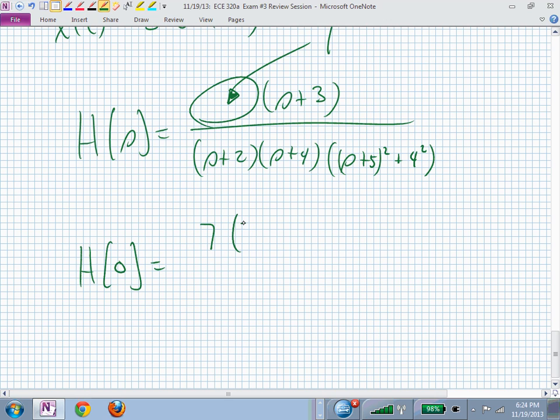So now you have 7, 3 over 2, 4, an ugly number, right? 21 over, wow, 25 and 16, 41 times 8. 8 times 40 is 320, so 328. 21 over 328, is that right? So 30 over 330, about 1/11th, about 0.1. That wasn't too bad without a calculator, was it?